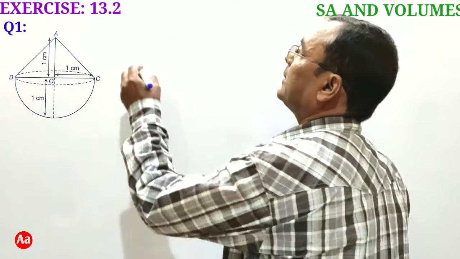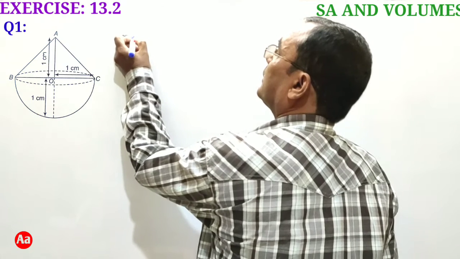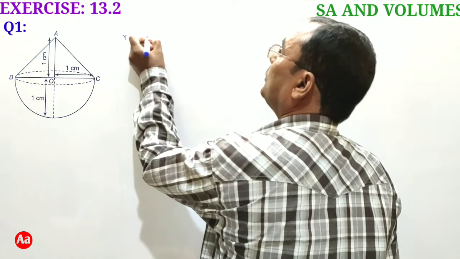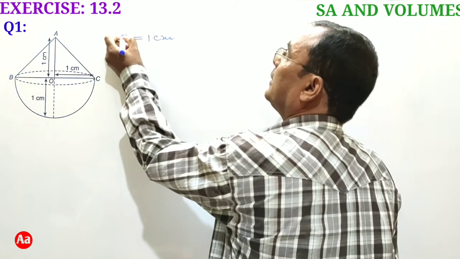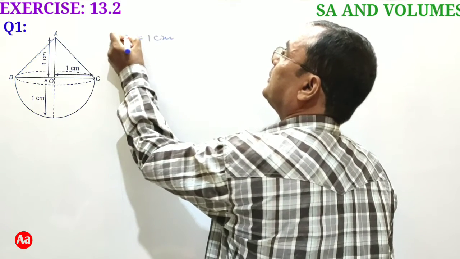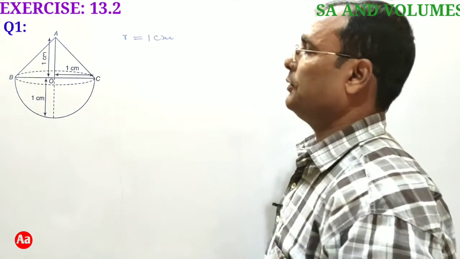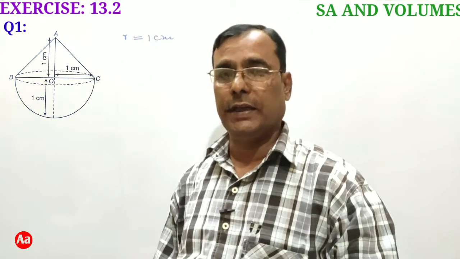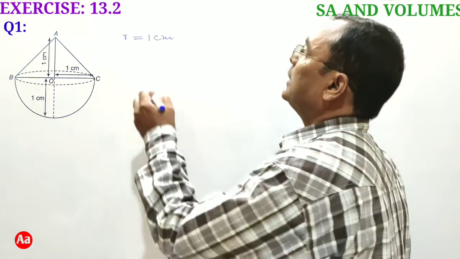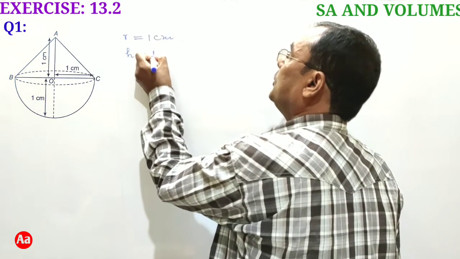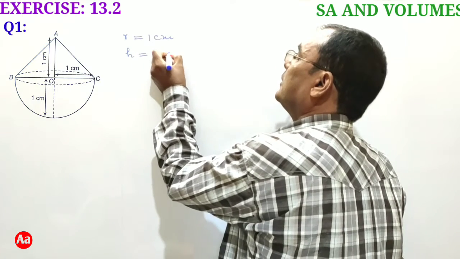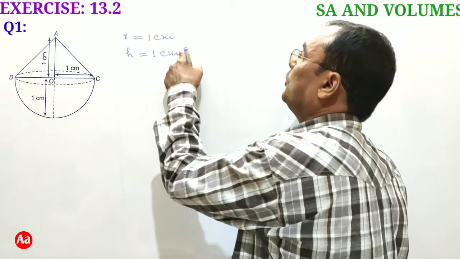So let's write radius r is equal to 1 centimeter. This radius r is the radius of the base of the cone as well as the radius of the hemisphere, and the height of the cone is also equal to the radius, so it is also 1 centimeter.